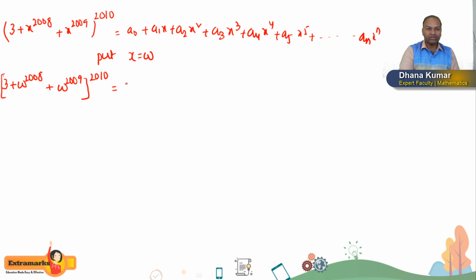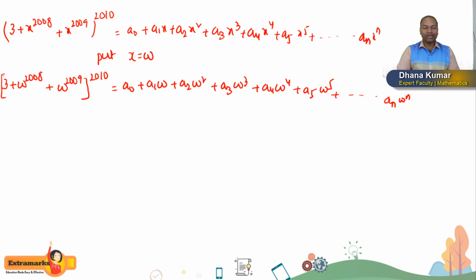Right side a0 plus a1 omega plus a2 omega square plus a3 omega cube plus a4 omega power 4 plus a5 omega power 5 plus so on an omega power n. Okay. Next to put x is equal to omega square. Put x is equal to omega. We got here. Next you put x is equal to omega square.